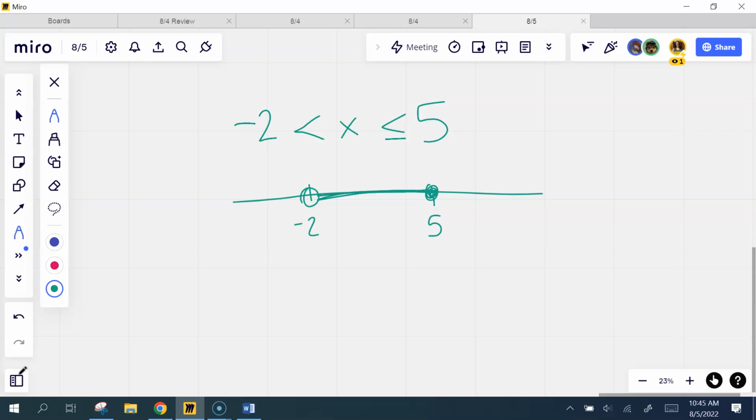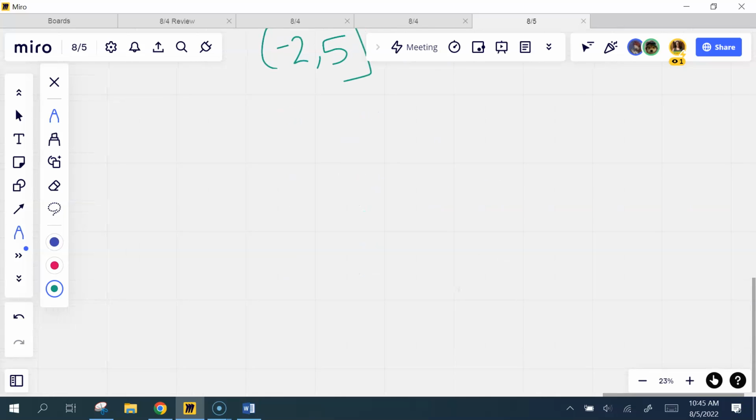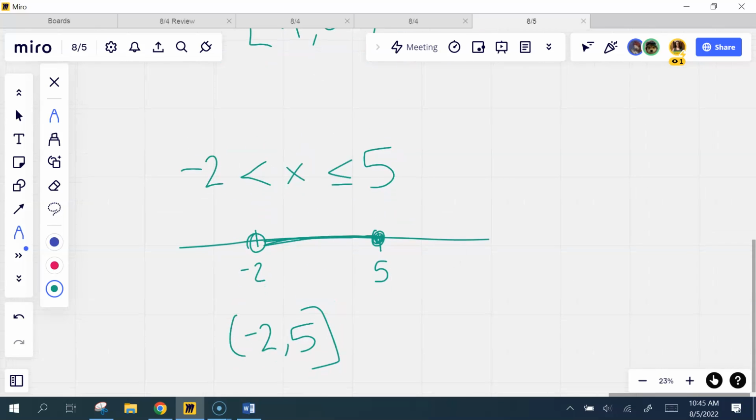What does it look like in interval notation? Does that make sense? Are you sure? Okay, I got two more things to show you with interval notation.